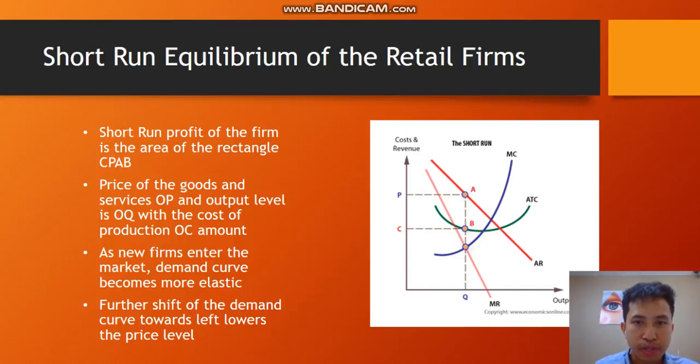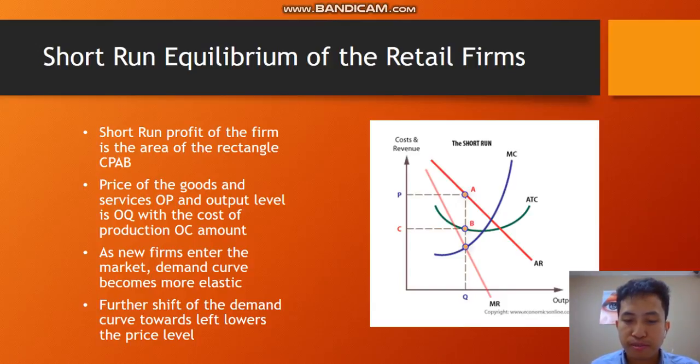In the short run equilibrium of the retail firms, in the figure, the firms capture the profit given by the area of the rectangle CPAB. At this level of profit, the price of the goods and services is OP. The output level is OQ and the cost of production is OC.